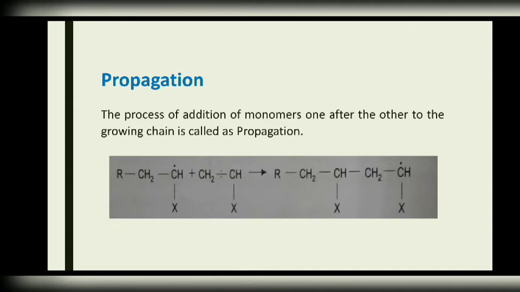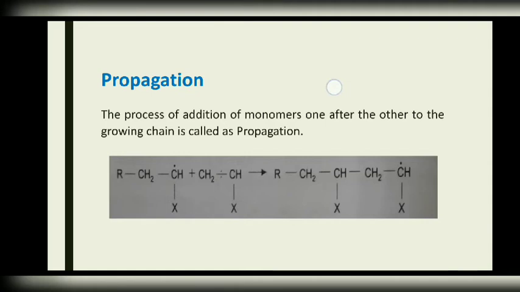Then the second step is propagation. So in this step, the radical site, that is the unpaired electron at the first monomer unit, attacks the double bond of a fresh monomer molecule. So what happened? The second monomer unit is linked up with the first, and the radical site is transferred from the first monomer unit to the second.